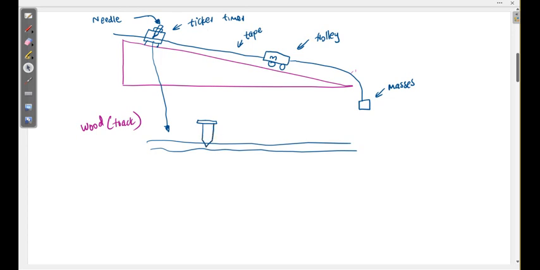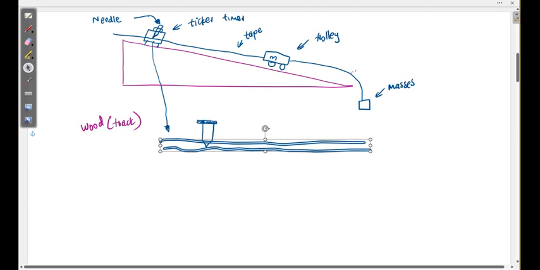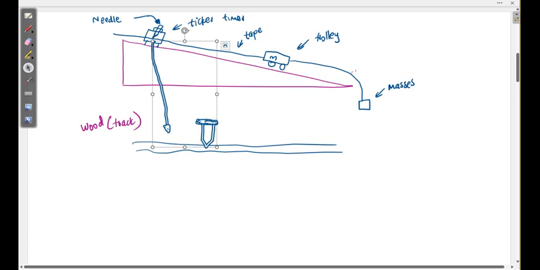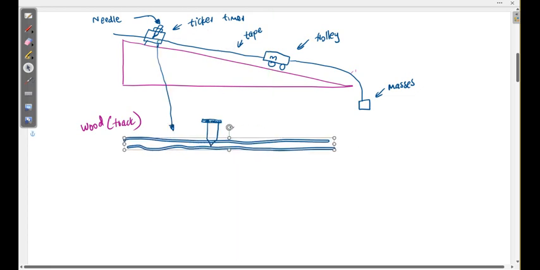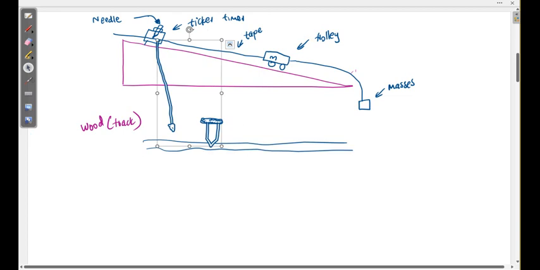As the tape is moving to the right, the needle moves up and down, making dots, making dots, making dots.